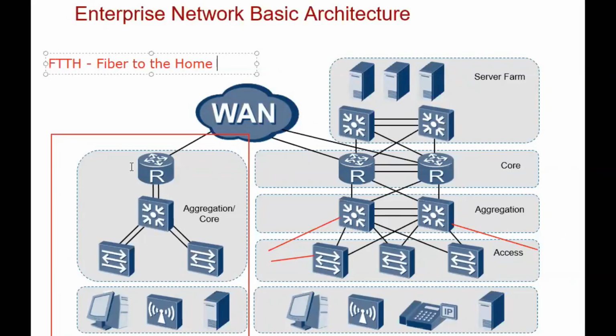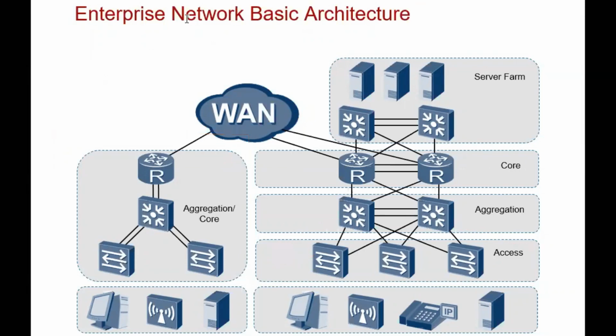Even this one here on the side is not a very good example of a flat layer architecture because we still have a router and we also have an aggregation layer here and an access layer here. But think of a network like that of a cyber cafe. It cannot expand so much because it's not layered. So I hope you've gotten that idea. But most importantly, in this particular slide, please remember these three layers.